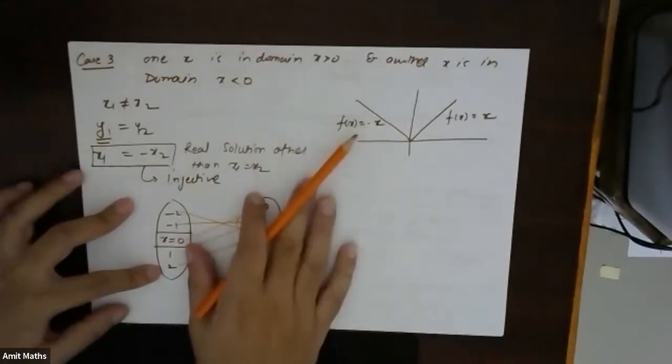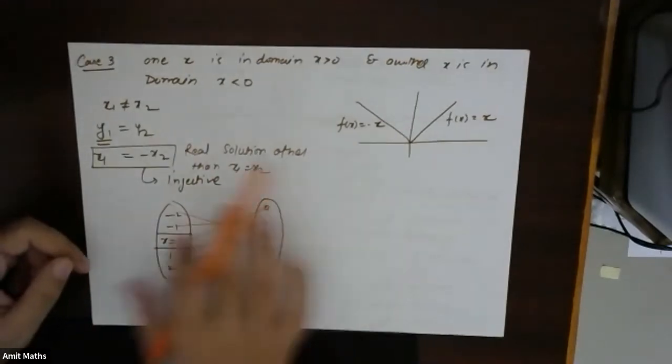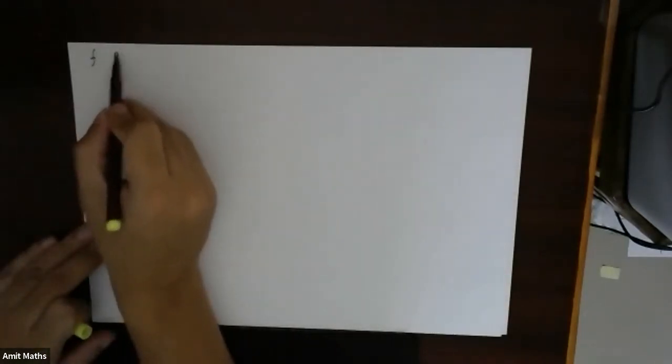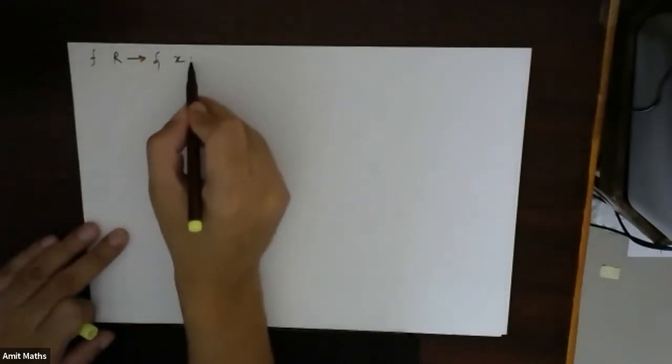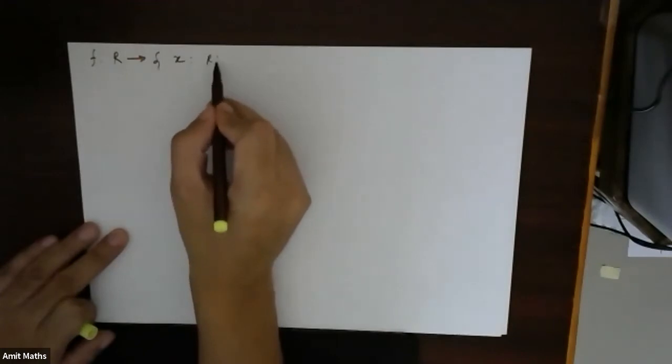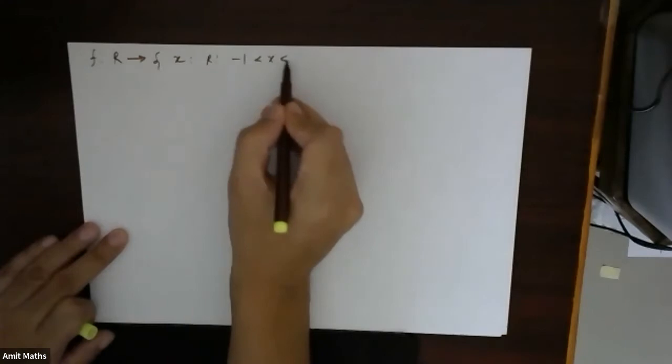Using the same concept, I will solve the question which I gave you yesterday. The function in the previous question was given as f from R to the set of x in R such that minus 1 is less than x less than 1.